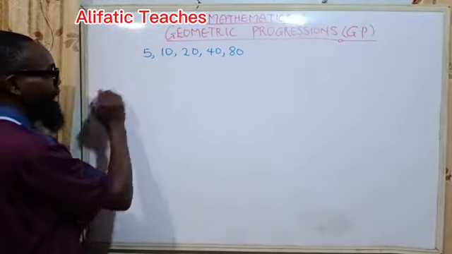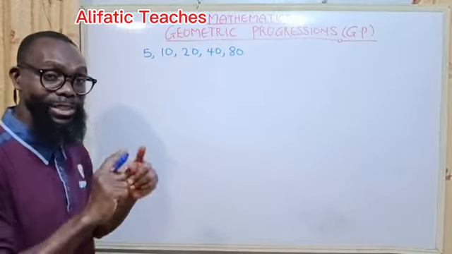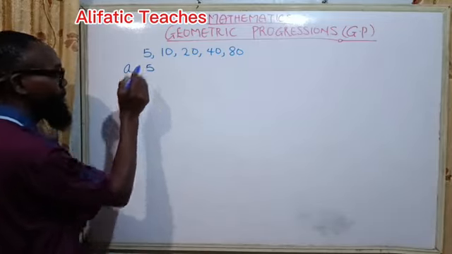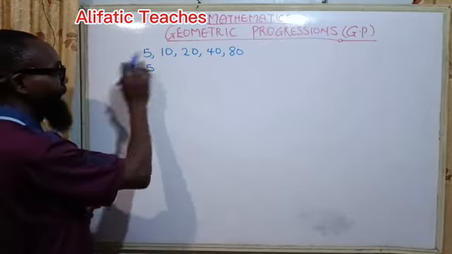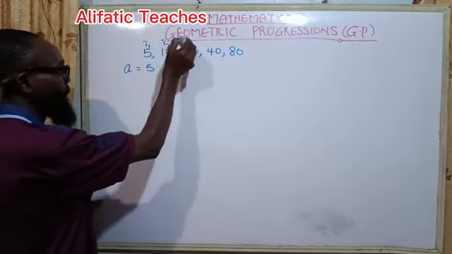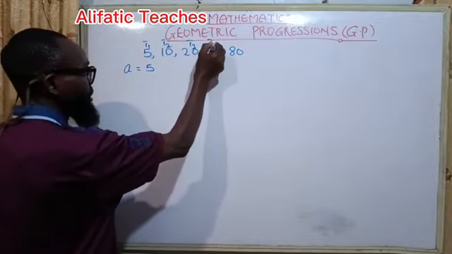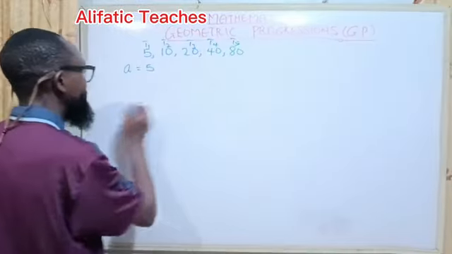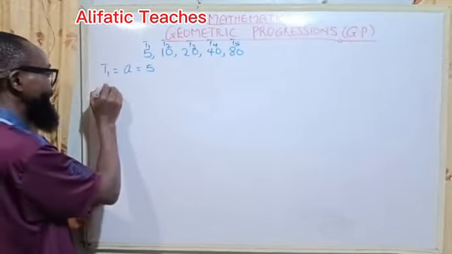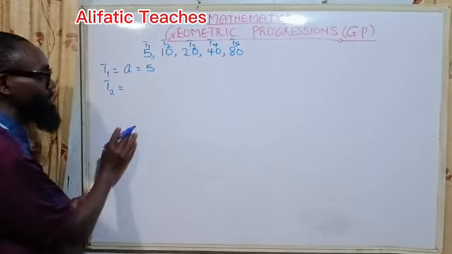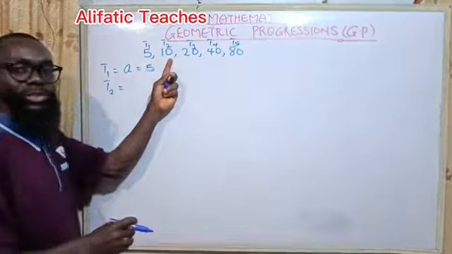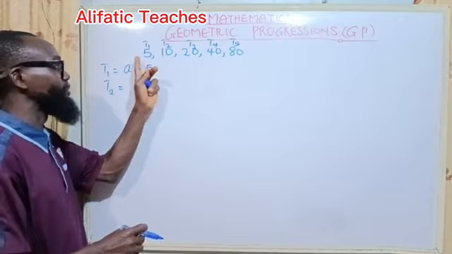Now, we normally denote our first term with A. So our first term, A, equals 5. Then, if this one is our first term, T1, T2, T3, T4, T5, so T1 is denoted as A. Then T2, the second term, is going to be the division of the second term and the first term.